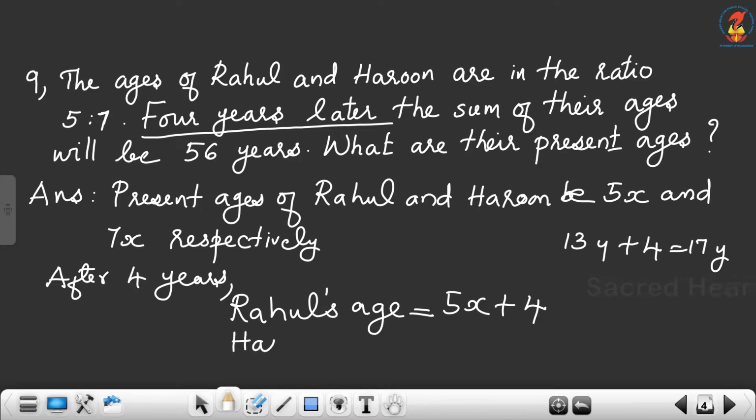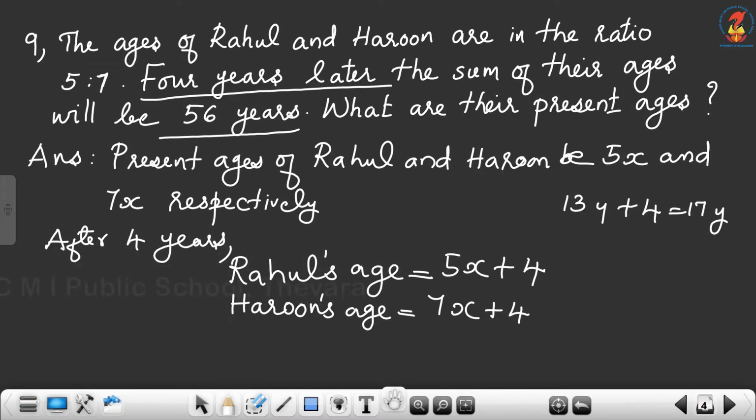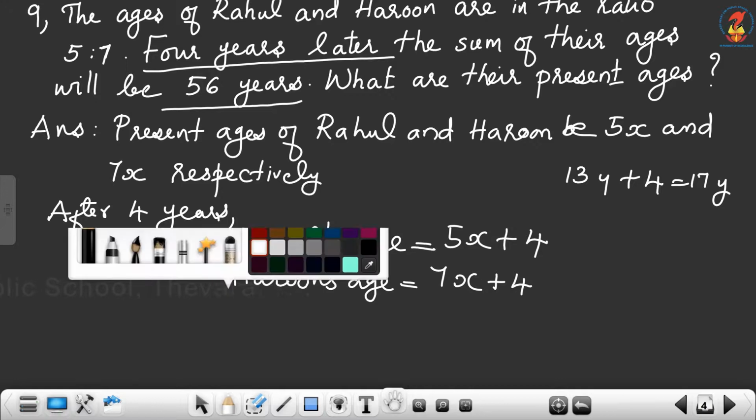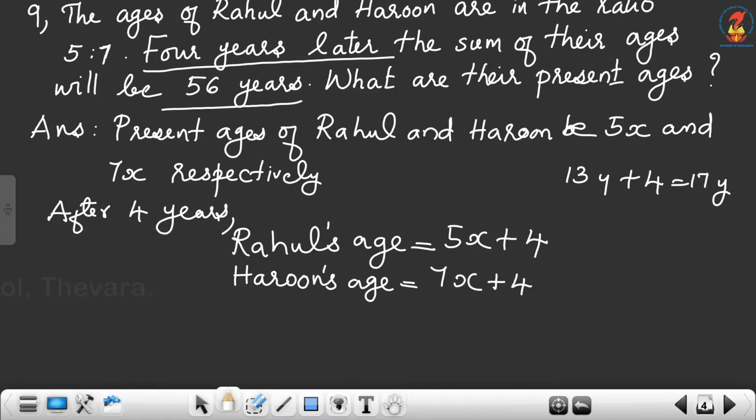Similarly, Harun's present age is 7x, so 4 more than 7x is 7x plus 4. After 4 years the sum of their ages will be 56 years. So after 4 years their ages will be 5x plus 4 and 7x plus 4, and when we add up we get 56. That is 5x plus 4 plus 7x plus 4 is equal to 56.